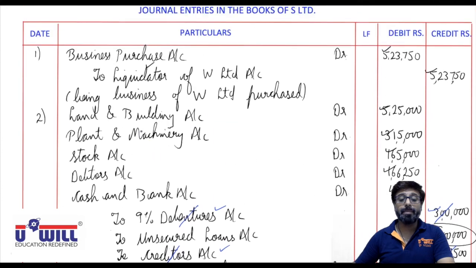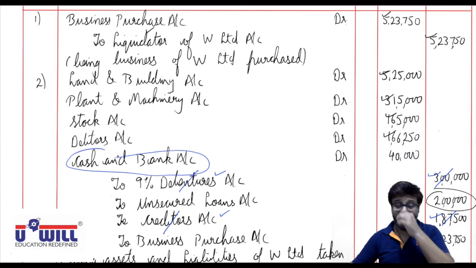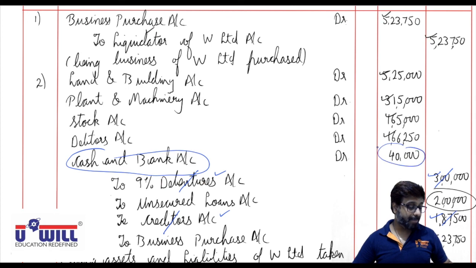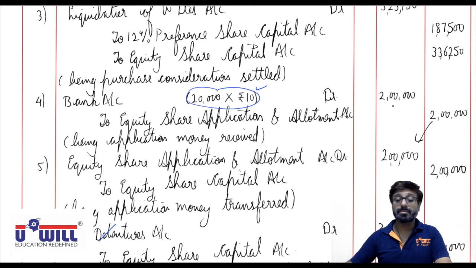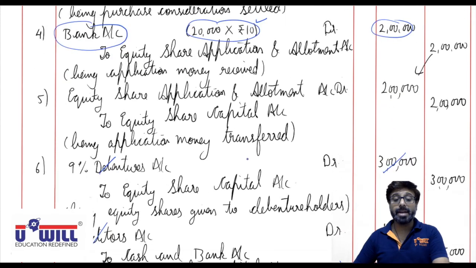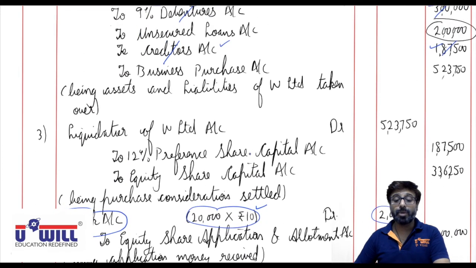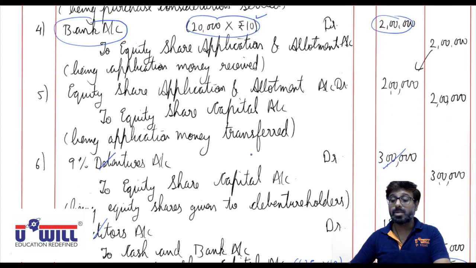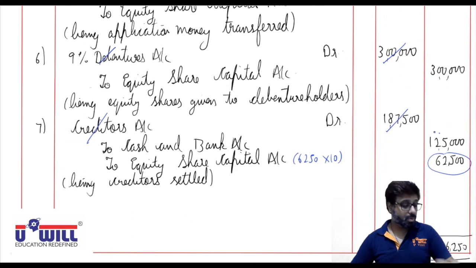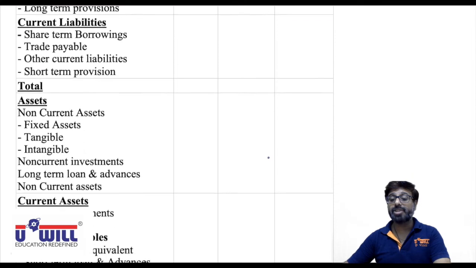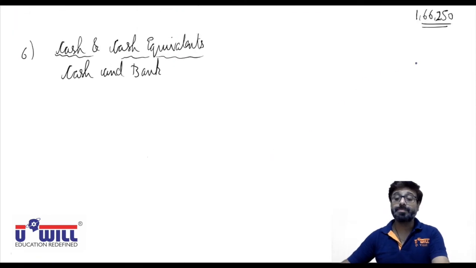So cash and bank 40,000 we will add, plus 2 lakhs. 40,000 plus 2 lakhs is 2,40,000. And credit amounts we have to minus. So from that we have to minus this 1,25,000 paid to creditors. So cash and bank 1,15,000.